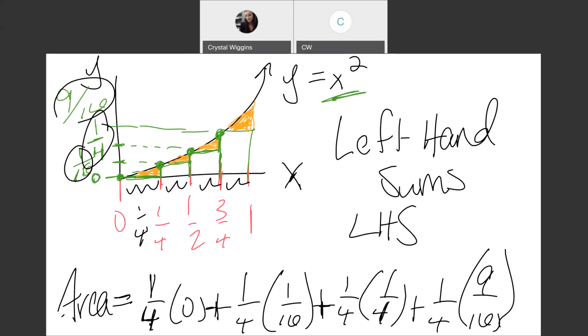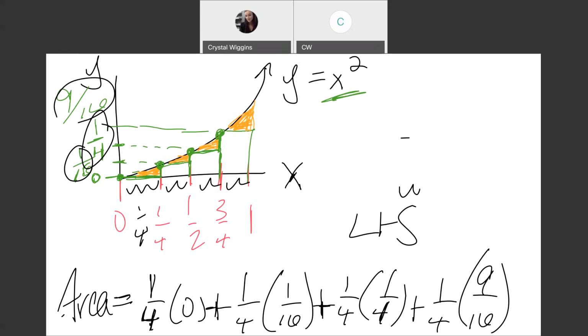We put this into our calculators. I do 1/4 times 0, which is kind of pointless. It's going to be 0, but I'm just putting it in. 1/4 times 1/16 plus 1/4 times 1/4 plus 1/4 times 9/16.